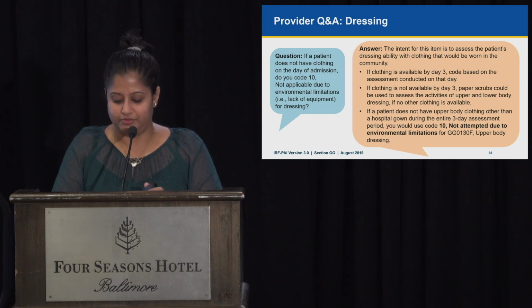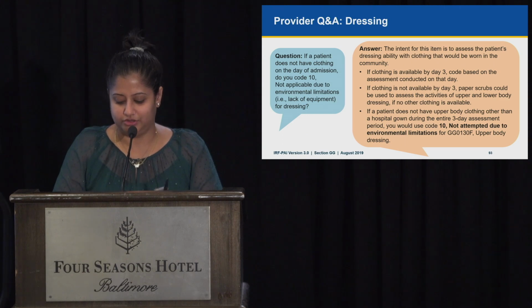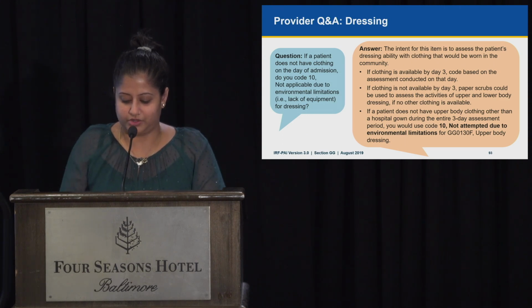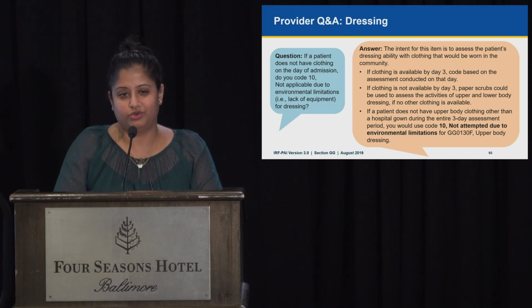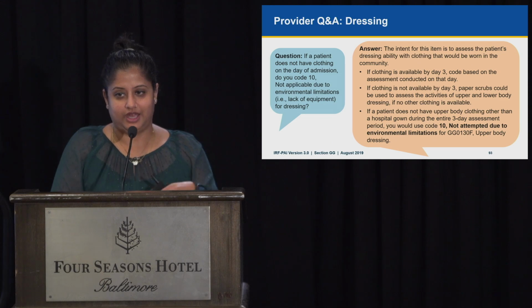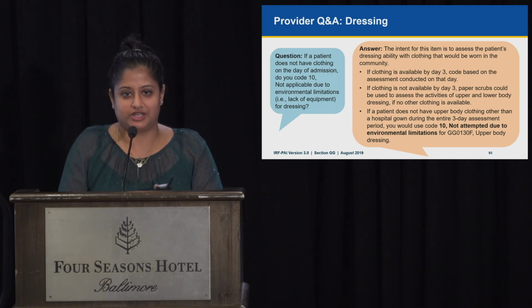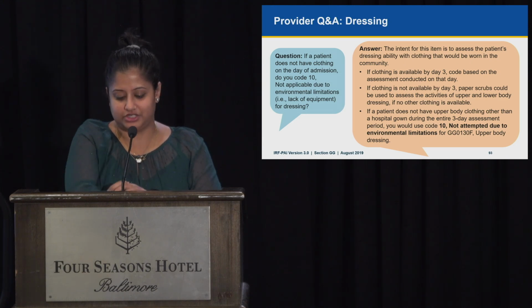And reports from the patient and family could not be used alone when coding this item. The reports of the family should be incorporated along with observation. The goal for this item is to assess the patient's current abilities. And if a patient was dressing differently before they got to the hospital than how they were when this item was assessed, that needs to be taken into consideration.